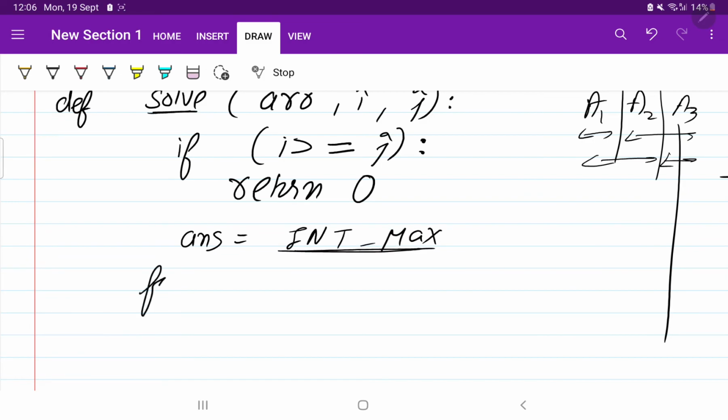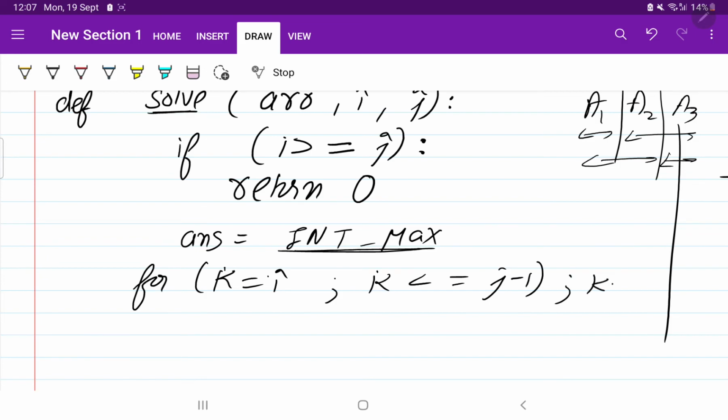Then what you have to do is, for k in range of i to j. It will start from i. I am going to write the general syntax so everyone can understand: for k is equal to i, k is less than or equal to j minus 1, and k plus plus.